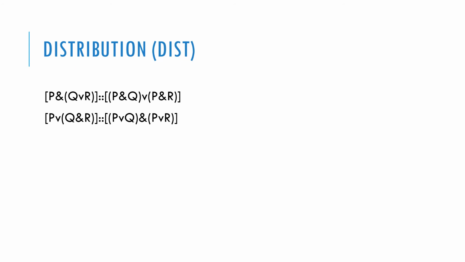Notice how in the top left we see that P is on the outside of the parentheses but inside the brackets, so it's P and one of the two elements, Q or R. So we can essentially say, well, it's either got to be P and Q or P and R. So we can see that written in the top right. So these are equivalent statements.